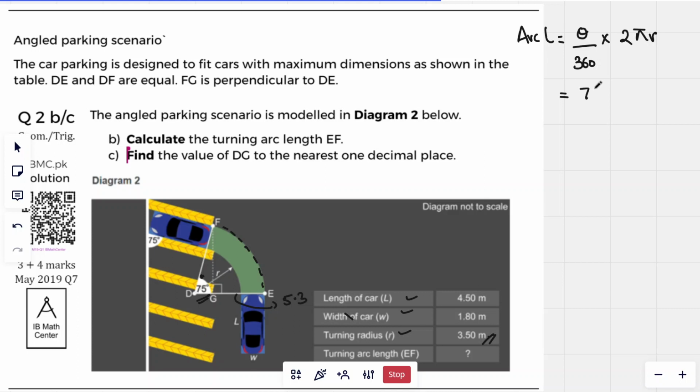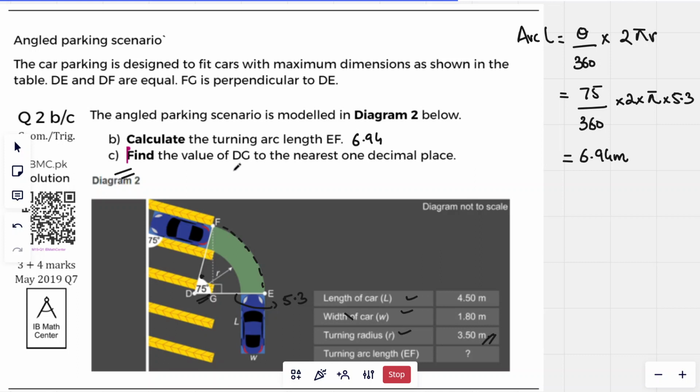The value of theta is 75 and the value of r is 5.3. Multiplying this together, 75 by 2 by pi by 5.3, and dividing the answer by 360 will give us 6.94 meters.